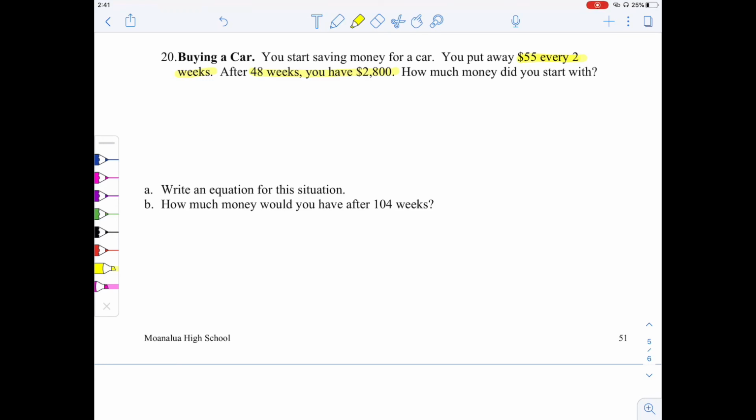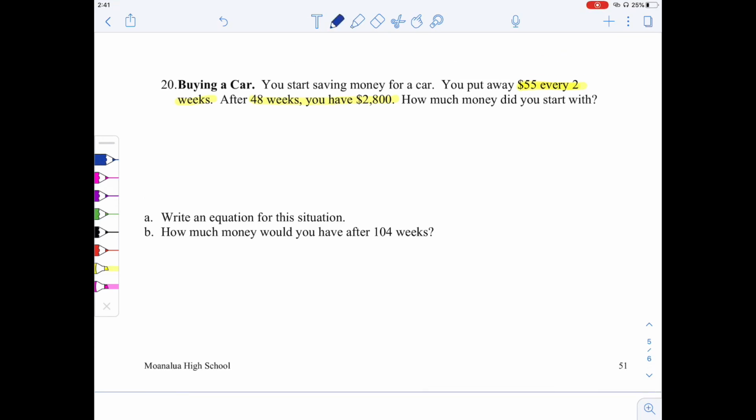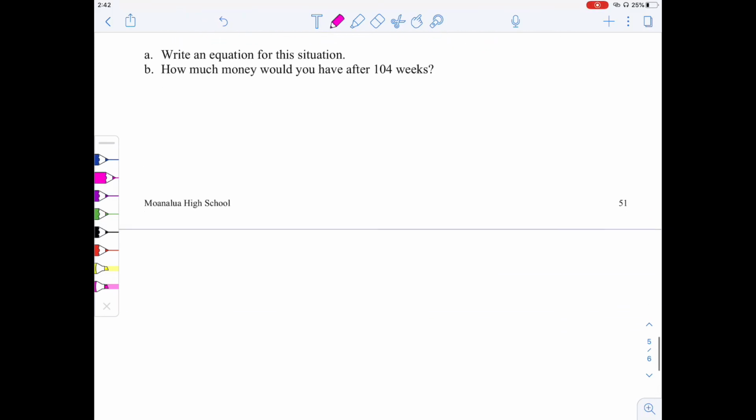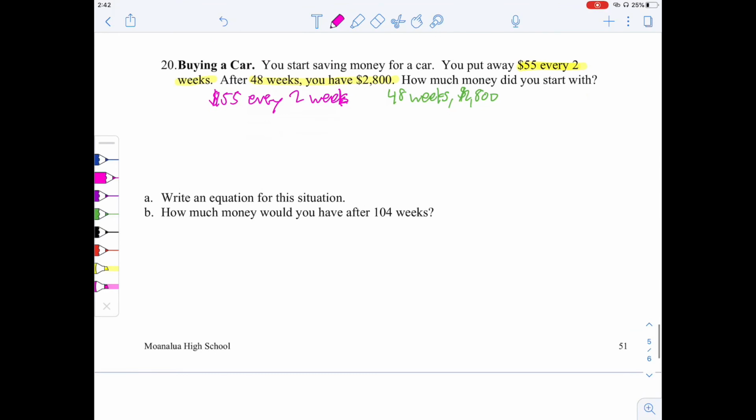Okay, so let's write that down. We're given $55 every 2 weeks. And then we're given that 48 weeks is $2,800. So $55 every 2 weeks, the "per", that's our rate of change, which is also our slope.